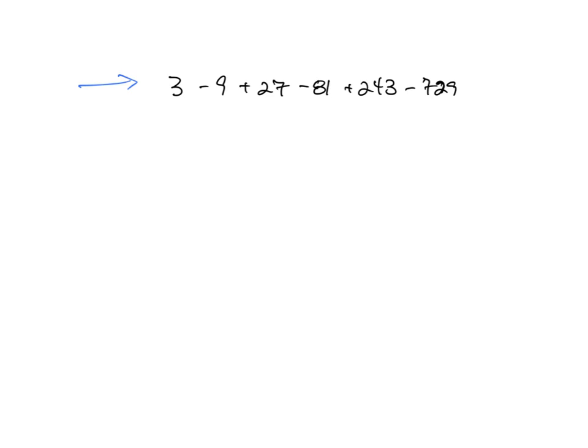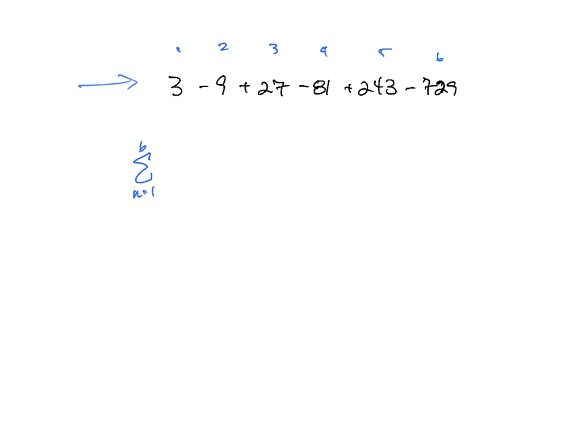So, how many terms do I have? I have 6 terms. So my upper summation is going to be 6 if I start at 1. All right, so that's how you find your lower and upper bounds, or your lower and upper indexes.